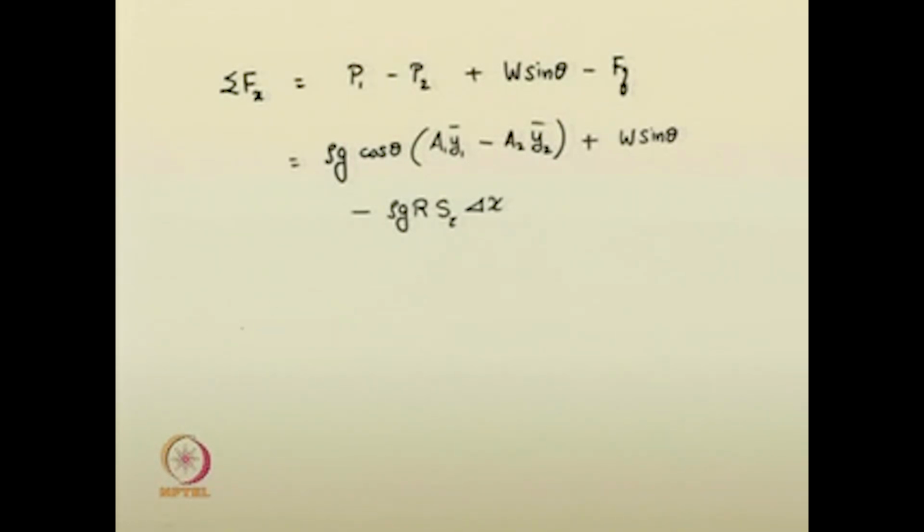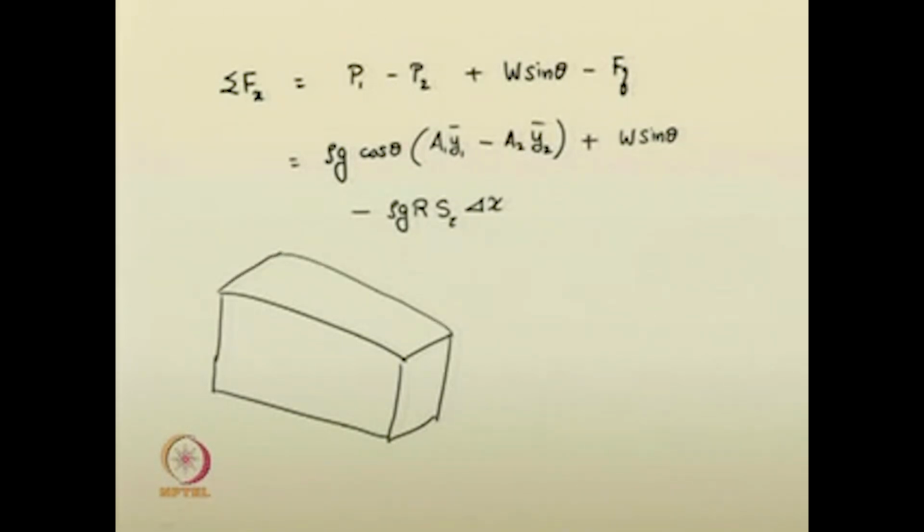So, let me draw the channel reach again. In this channel reach, the control volume whichever you are taking into account, if the upstream area is separated by a distance del x, say the upstream area is A, the depth of flow in the upstream is y, and the depth of the centroid in the upstream is y bar, then you can also suggest the following quantities.